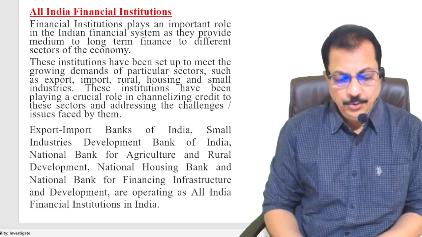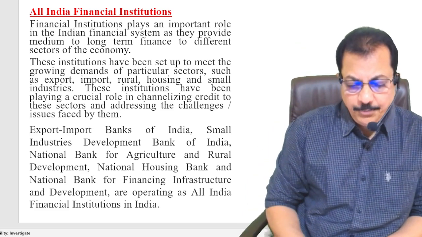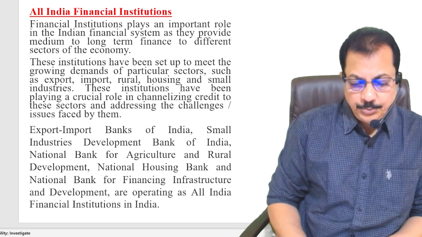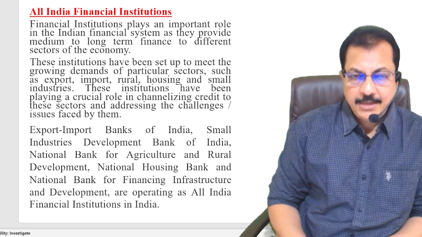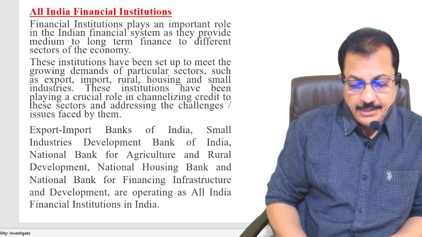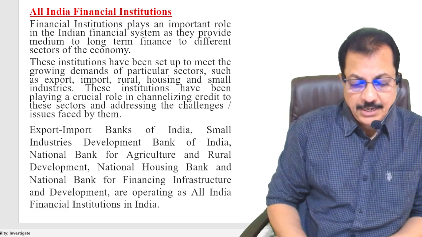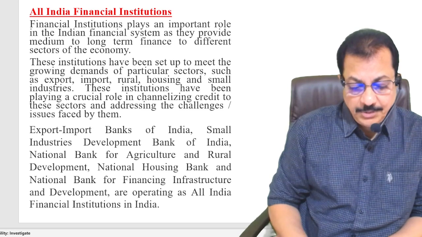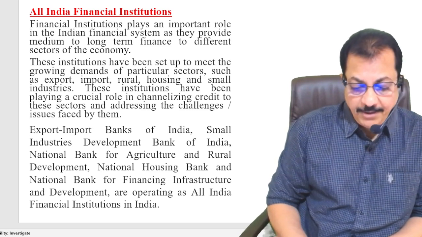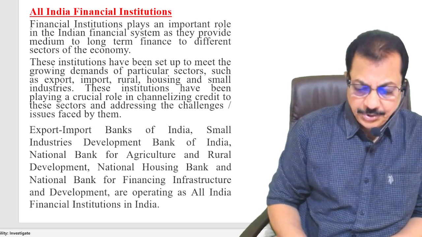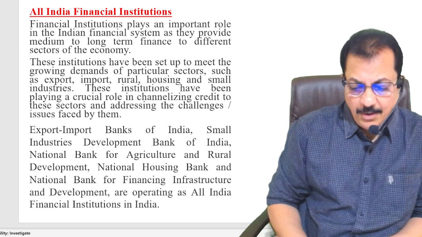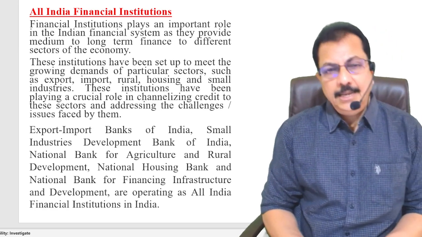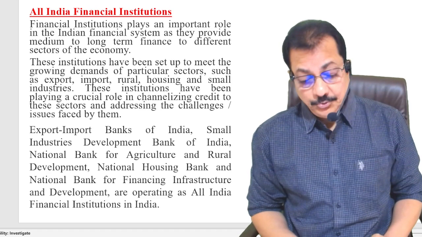Is that okay? Look at this. Export Import Bank of India, Small Industries Development Bank of India, SIDBI, National Bank for Agriculture and Rural Development, NABARD, I told you, National Housing Bank, and National Bank for Financing Infrastructure and Development. They all operate as the All India Financial Institutions in India.